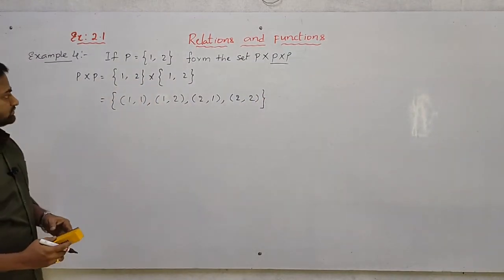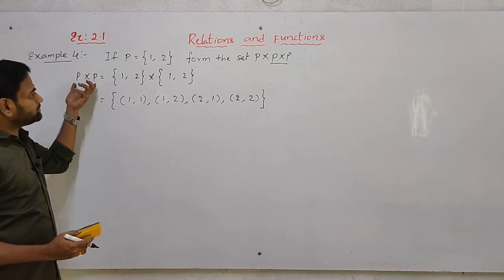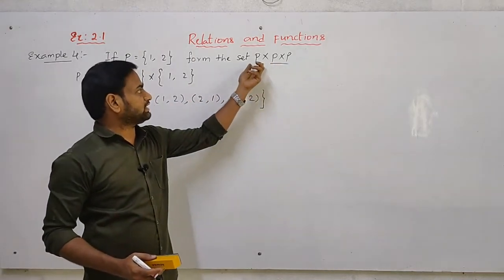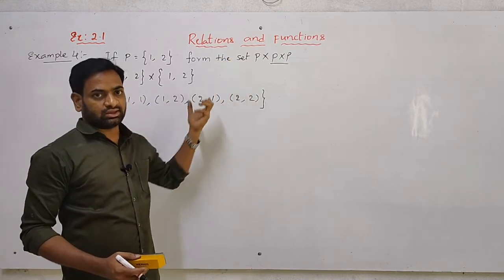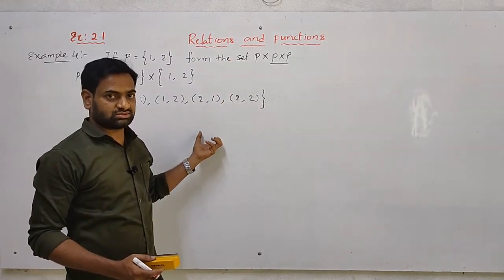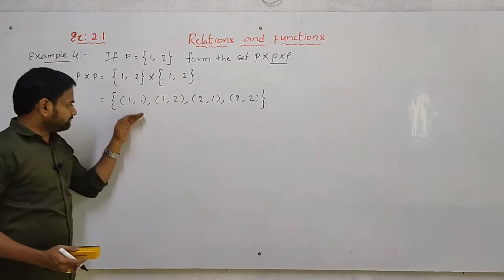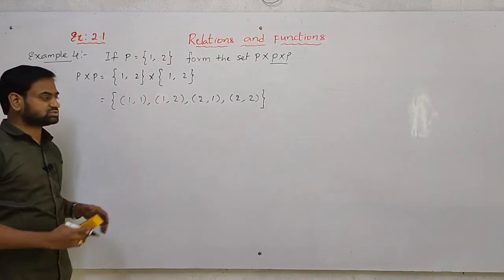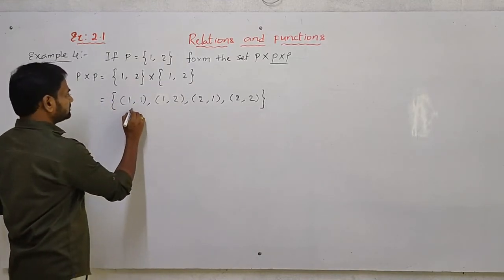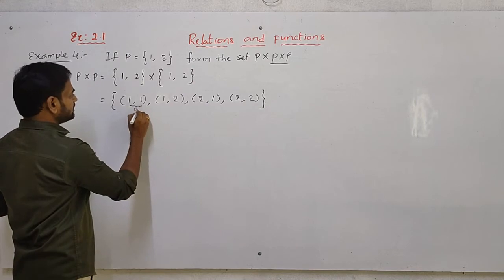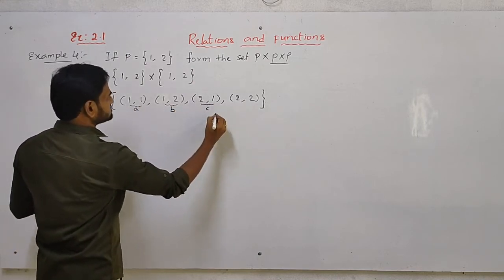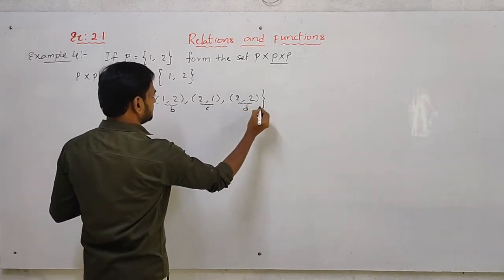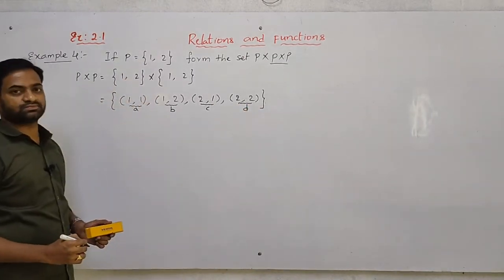Now see this one. This is the P cross P. Next, you have to take cross with P. Then you will get ordered triplets. So, if I write directly, you will get confused. That's why I am taking these elements. This is A, this is B, this is C, and this is D. I am saying, suppose.